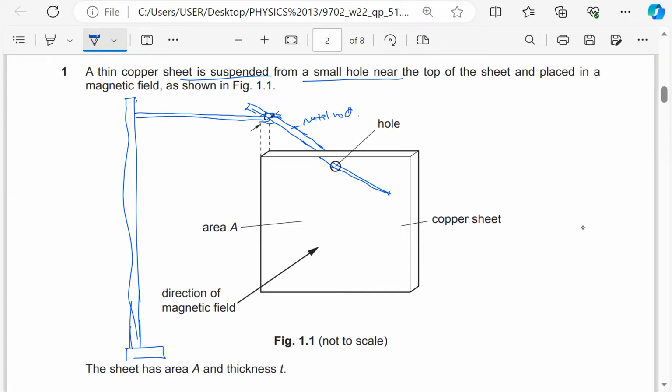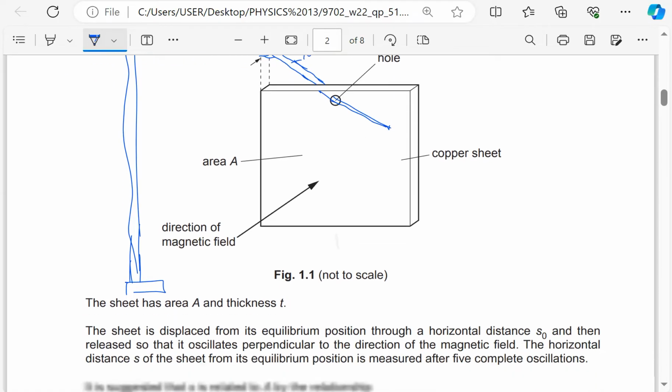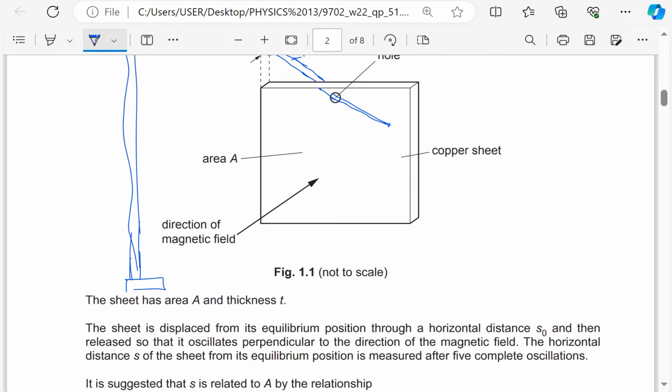The sheet is placed in a magnetic field. So I need to create a magnetic field. Where should I put the magnetic field? Okay, I'll put the magnetic field somewhere here.